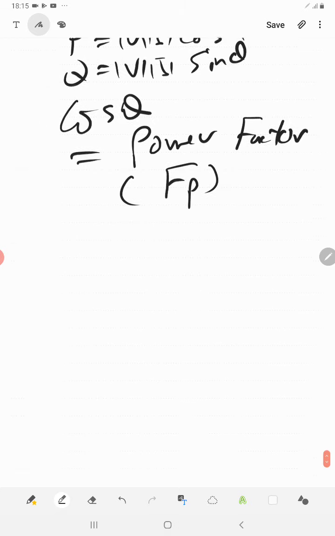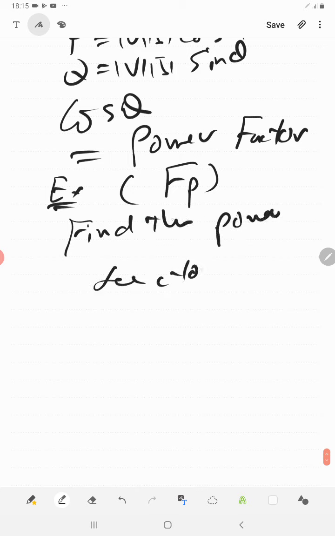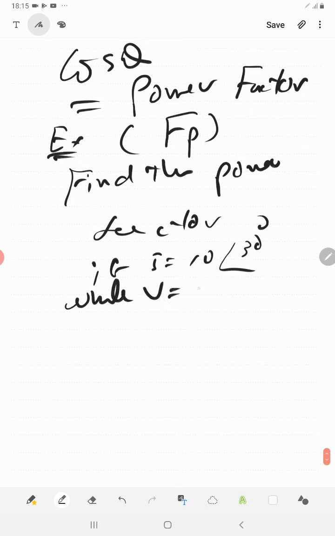Now, for example, find the power factor if I equals, say, 10 amps angle 30 degrees, while V equals 200 angle, let's say 70 degrees.